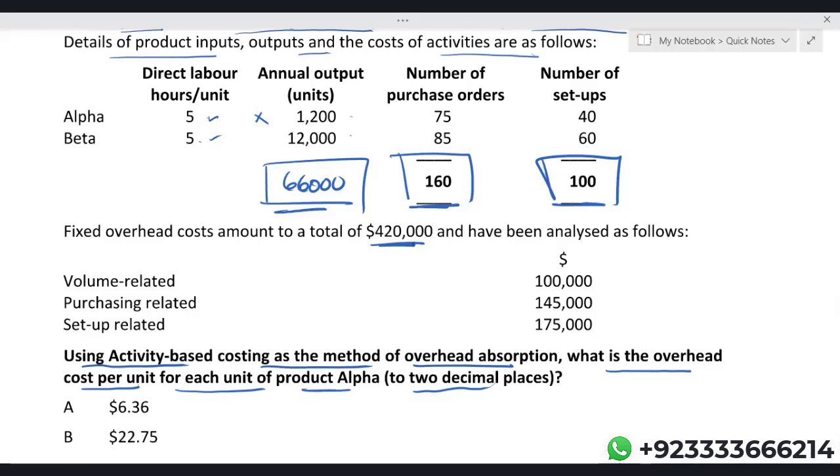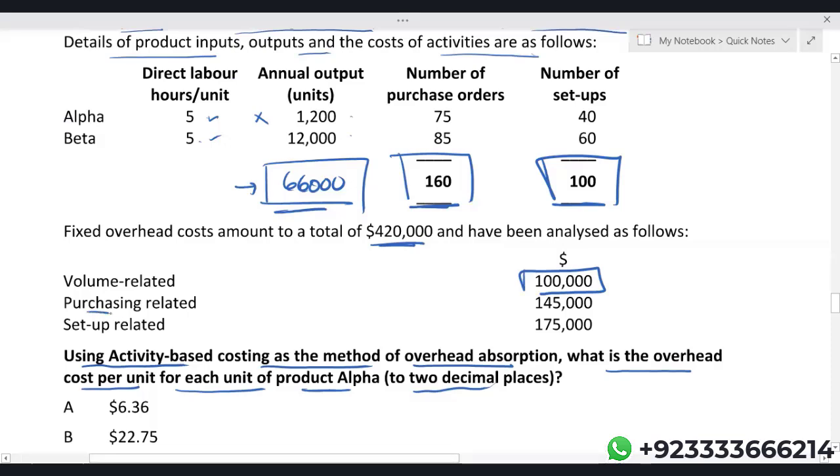Volume related overhead is 1 lakh. When it says volume related, obviously we will use labor hours to calculate the overhead absorption rate. So you will be using the same basis for calculating the FOH absorption rate, which we use in absorption costing.